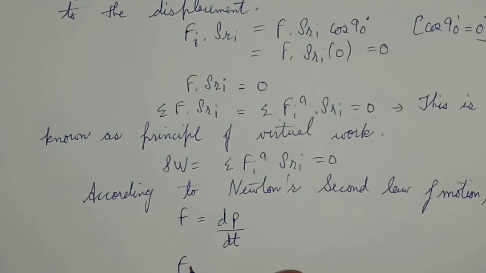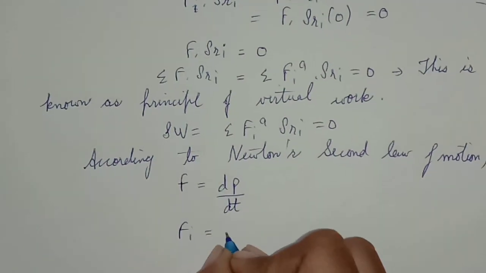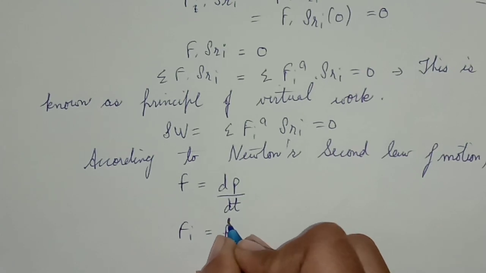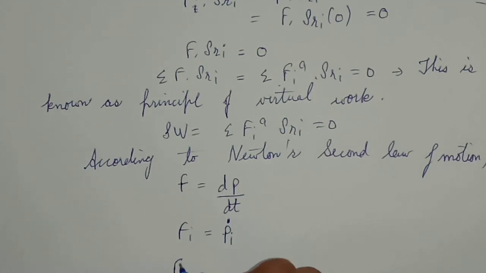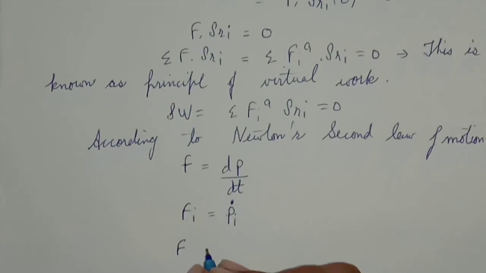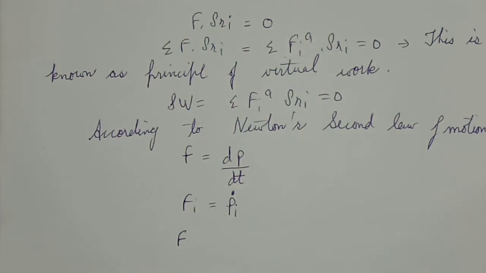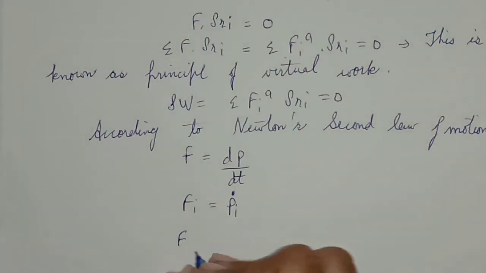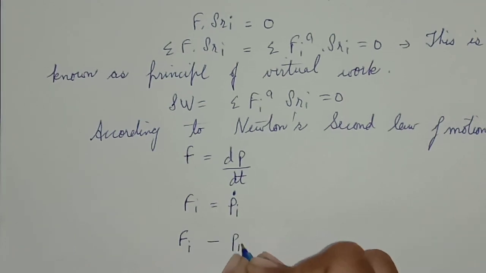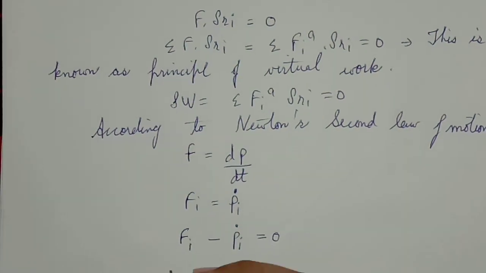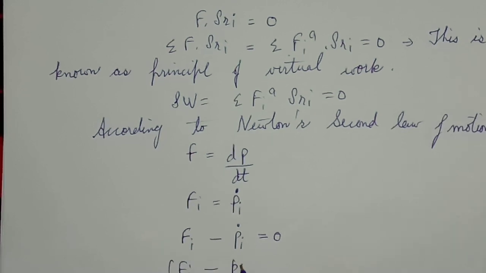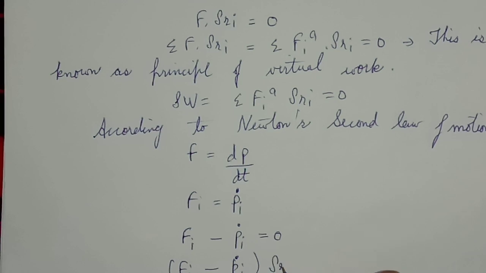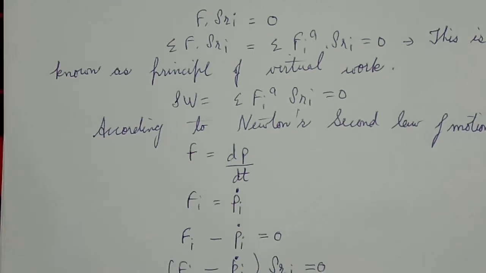So we can write in classical mechanics Fi equals pi dot, because we write the derivative like this. So we can write this equation equal to 0. So right here Fi minus pi dot equals 0. Now we take virtual displacement. So Fi minus pi dot into virtual displacement is also equal to 0.